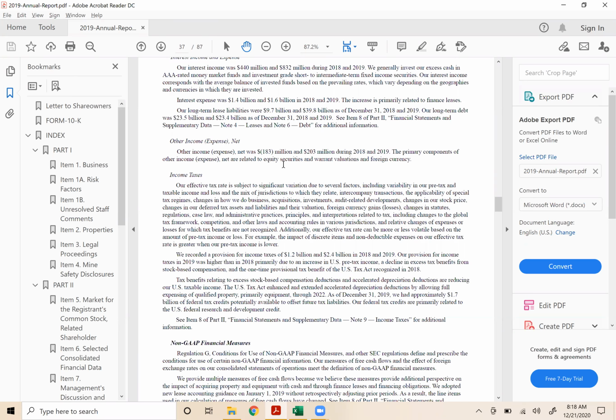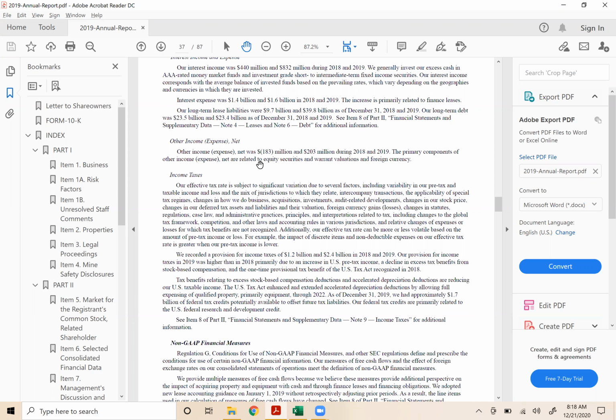Okay. So I recognize that because I'm familiar with valuing companies. You might not, but if you've read a lot of financial reports, you might see line items called equity in securities or valuations of warrants. These line items might actually look familiar to me. They might look familiar to you. Here, they just generally labeled it as other income or expense.